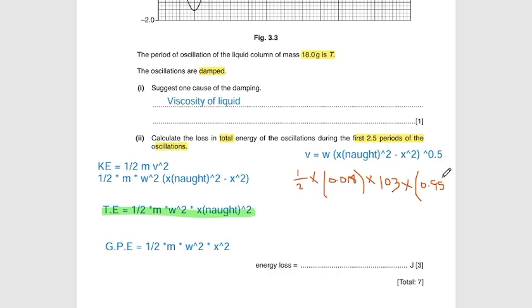It's 0.95 square minus initial. 0.95 centimeters should be 0.95 into 10 raised to minus 2, which you can write as 0.0095 square, minus initial was 2 centimeter, which is 0.02 whole square.